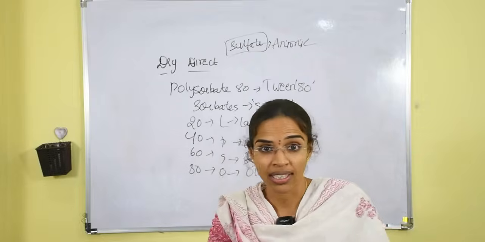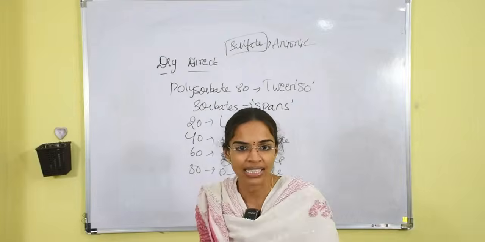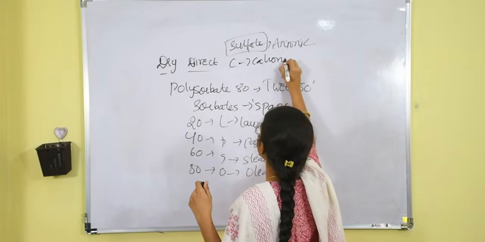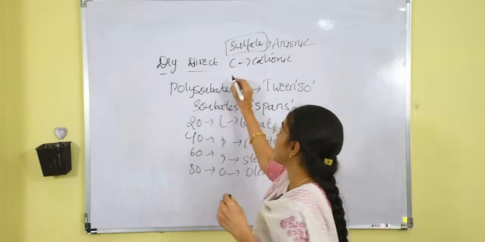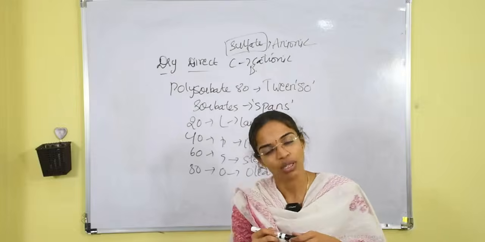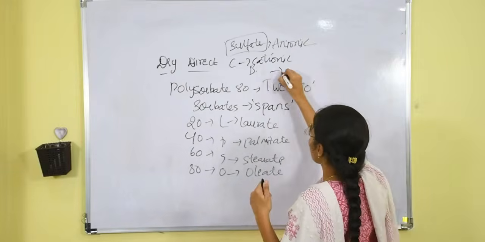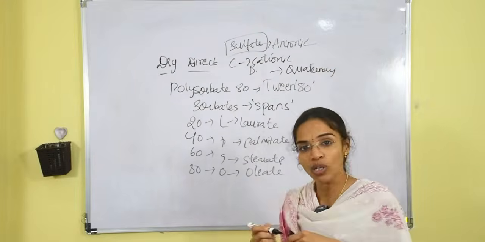This is a benchmark. Sodium lauryl sulfate is anionic. C for cationic: cetrimide is a cationic surfactant, and also benzalkonium chloride. Even it is a cationic surfactant, a quaternary ammonium compound.